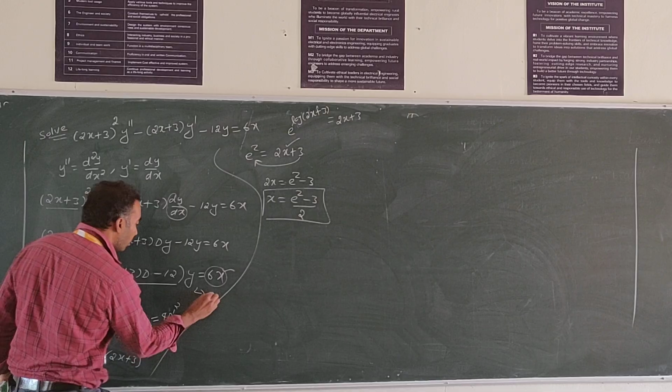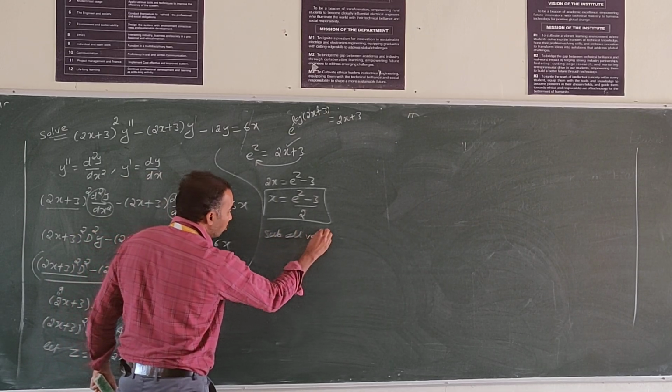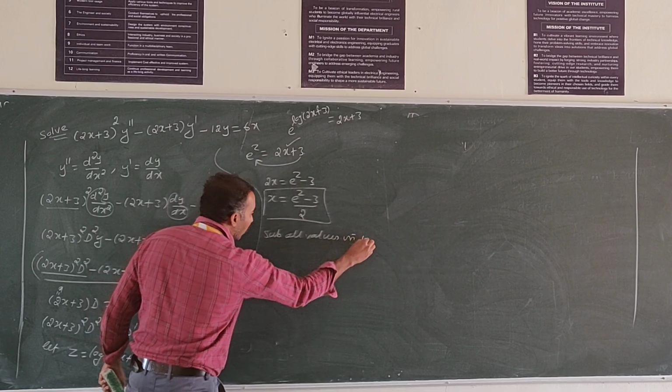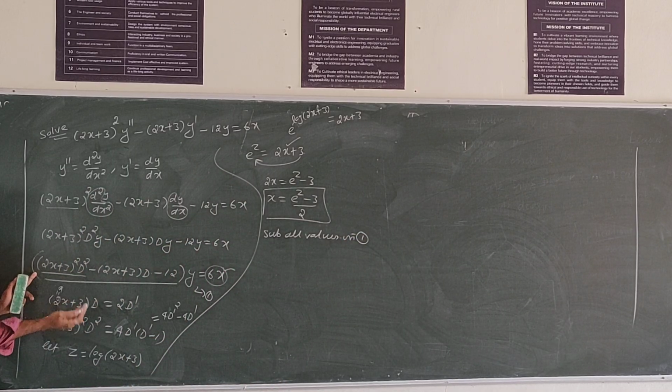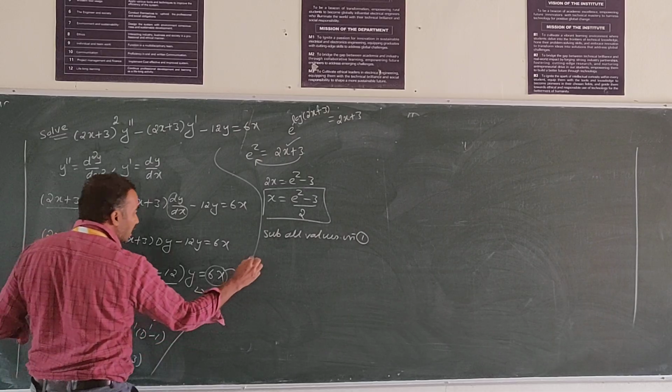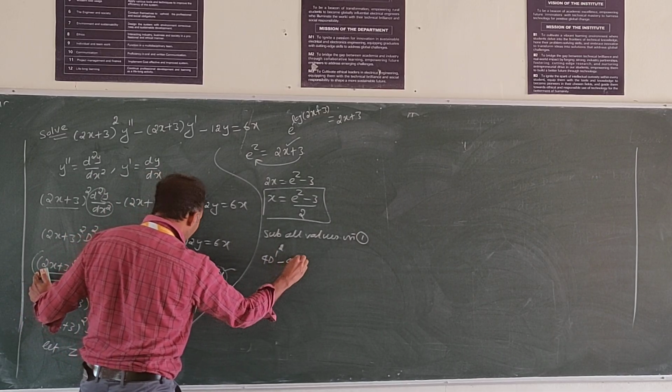Take it as 1. Substitute all values in 1. So instead of this value we can write 4 d dash square minus 4 d dash.